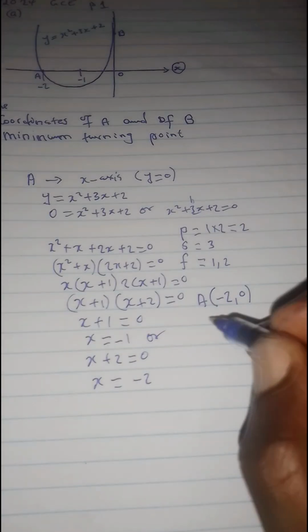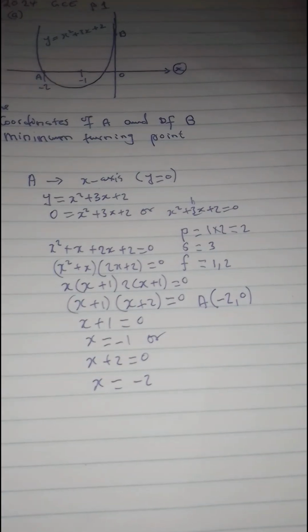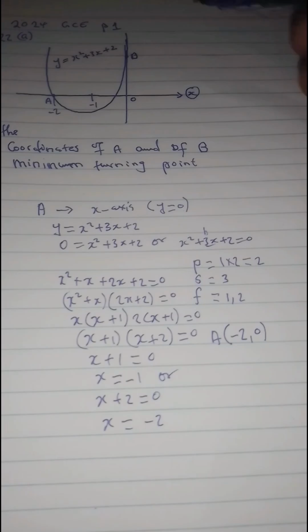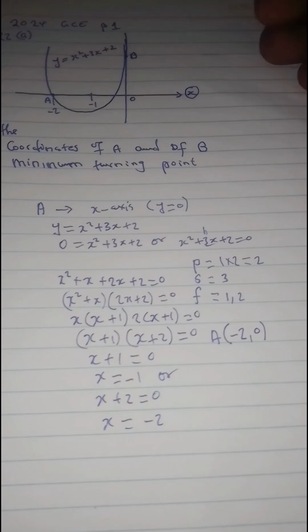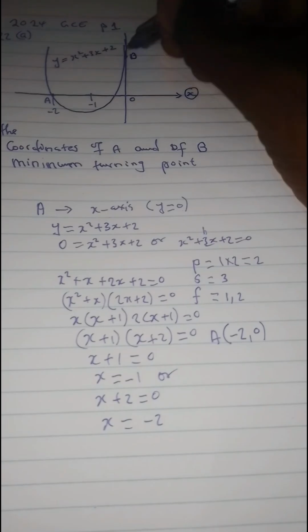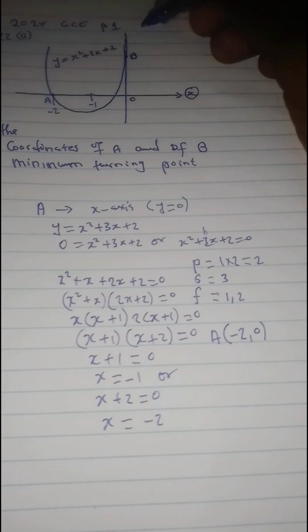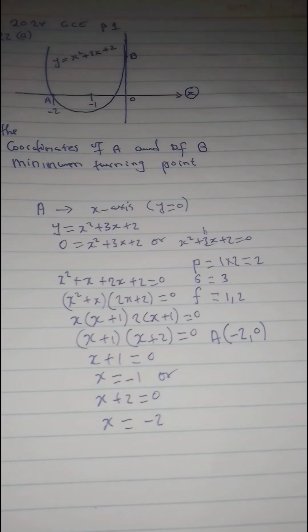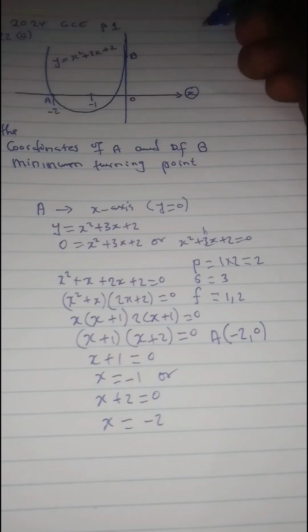Now for B, this is where B is. The curve passes through the y-axis, and that's the point where B is.